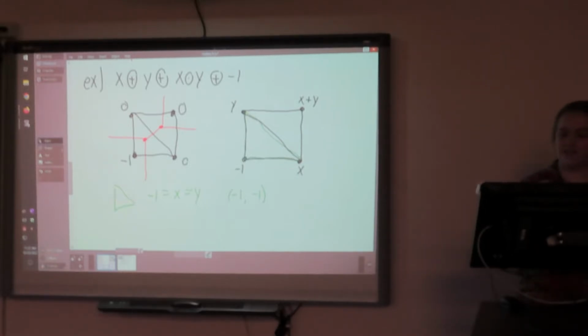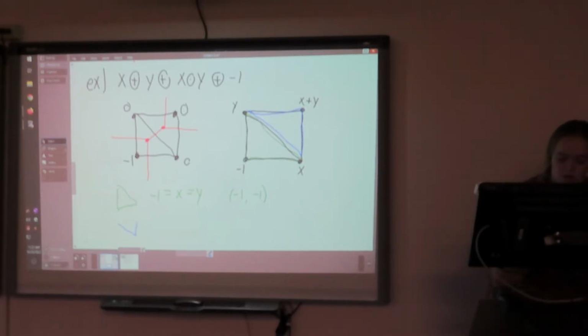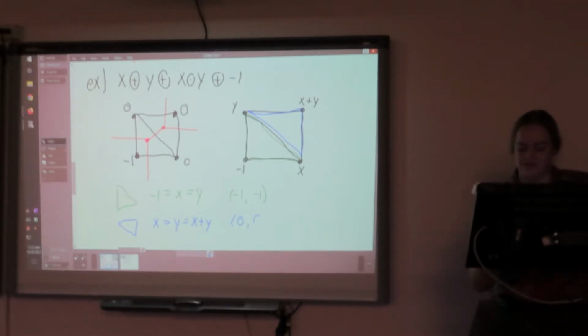And then we can look at the other triangle. That happens when x equals y equals x plus y, which happens at the point 0, 0.